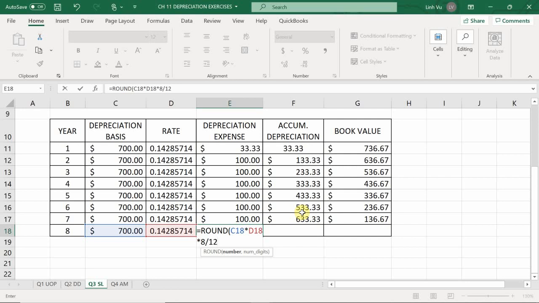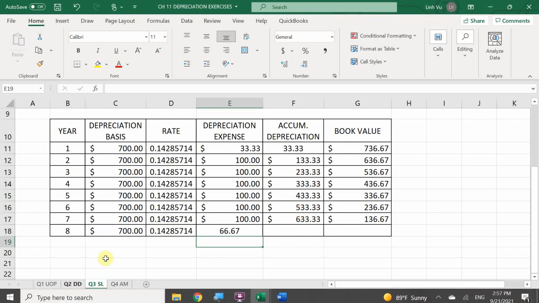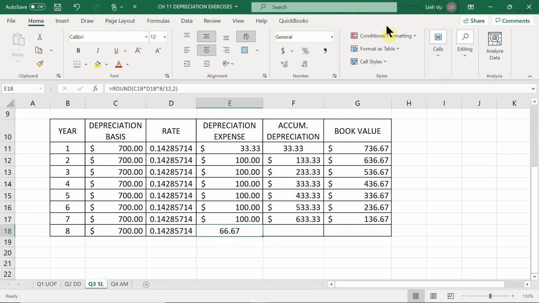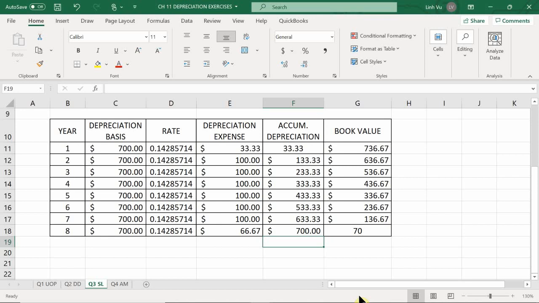So there's a remaining 8 months left, comma 2, to give me a grand total of $66.67. If we add that to my accumulated, I get a total of $700, which leaves me with a $70 ending balance in my book value, which equals my salvage value.